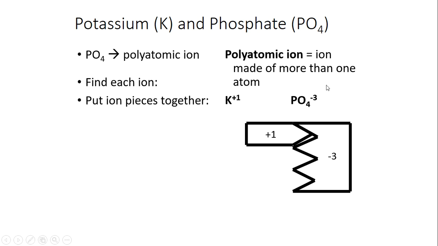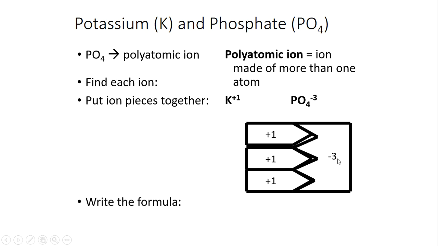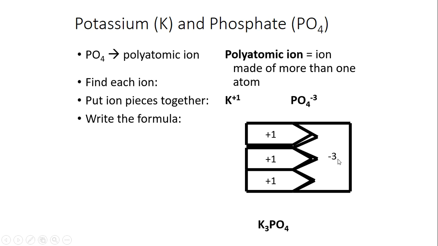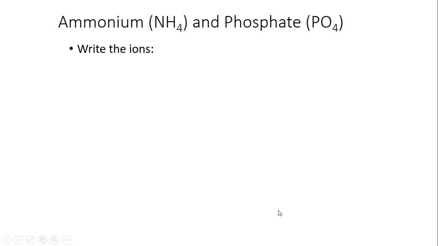The potassium needs to cancel out the -3 from the phosphate. So 1 is not going to be enough, because +1 does not cancel out -3. +2 is still not enough. You need 3 positive charges, so that 3 minus 3 equals 0, so that everything cancels out. And that means you needed 3 potassiums for every phosphate ion. And that's how we would write it.